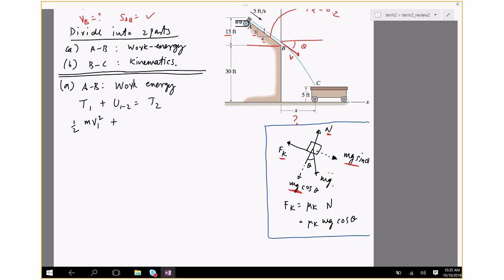It can only move parallel to the plane. So N and mg cosine theta do not do any work. So the only work done is due to Fk, which is mu k mg cosine theta times the distance moved. We'll call that SAB.